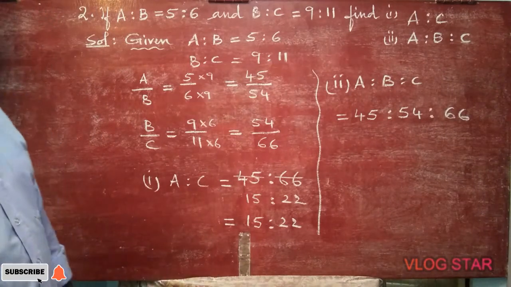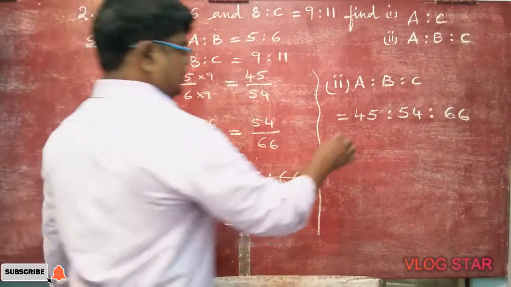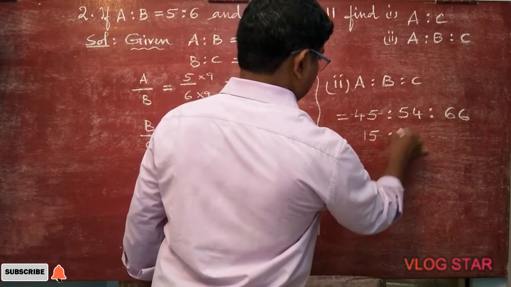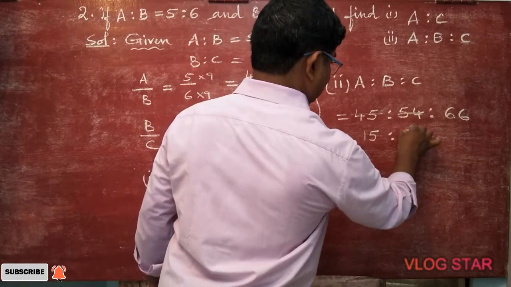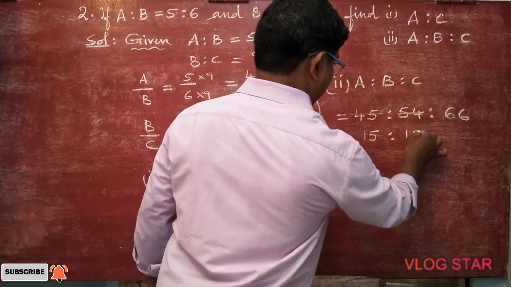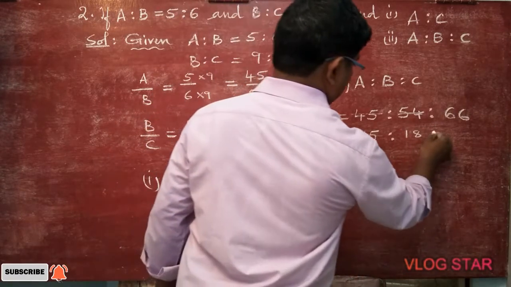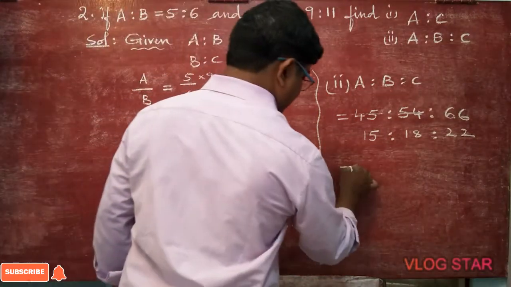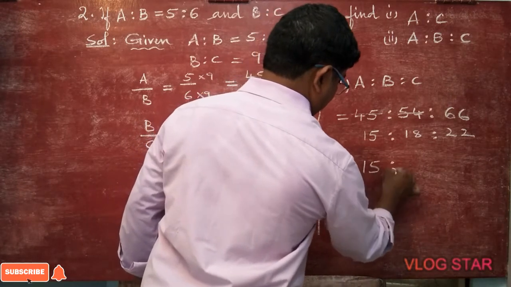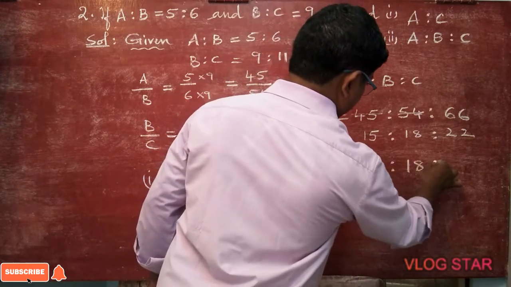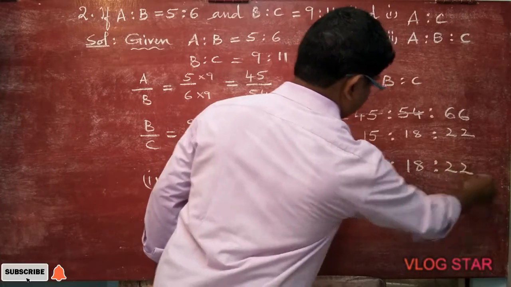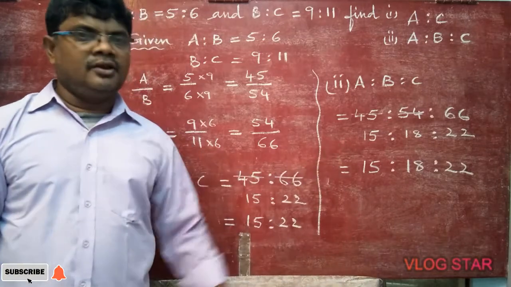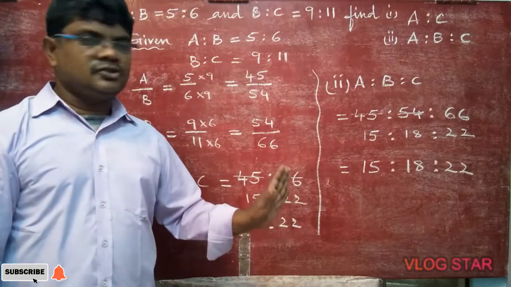Now 3 table cancels. 3 goes 15 times, 3 goes 18 times, 3 goes 22 times. So what is the final answer? 15 is to 18 is to 22. They told to find the value of A is to B is to C. We got 15 is to 18 is to 22.